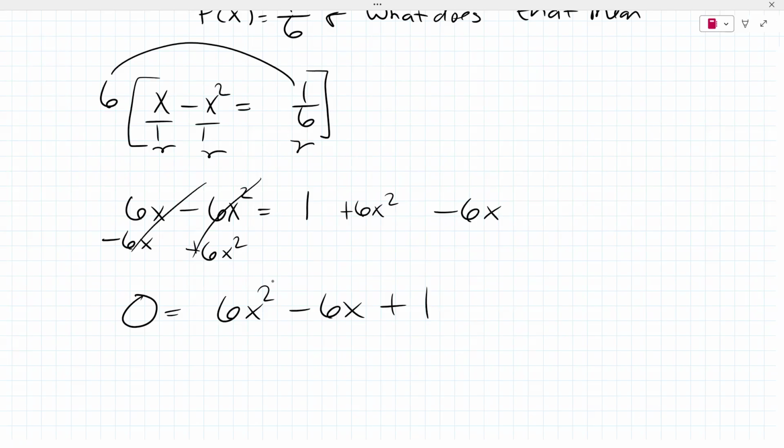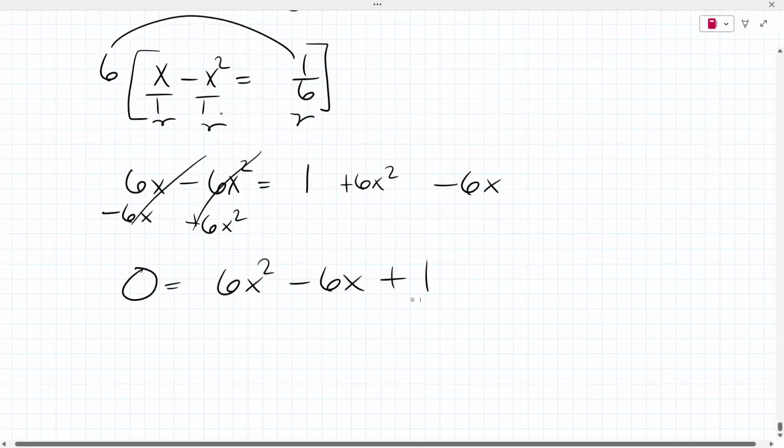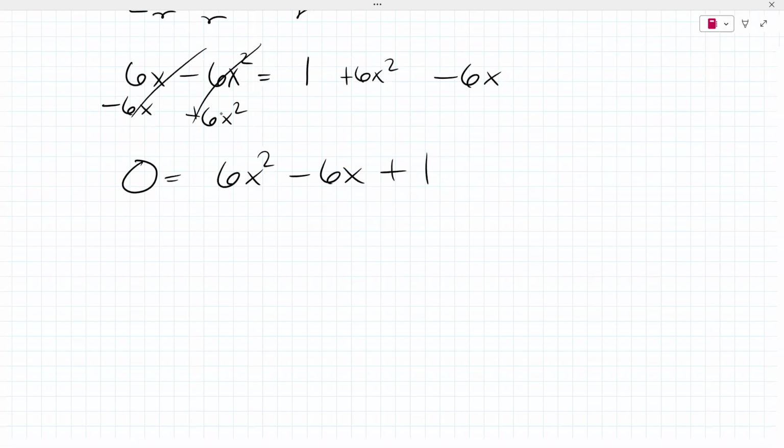Even if I try bottoms up, it will not work. So if it doesn't factor, we use the quadratic formula. So a is 6 and b is -6 and c is 1.